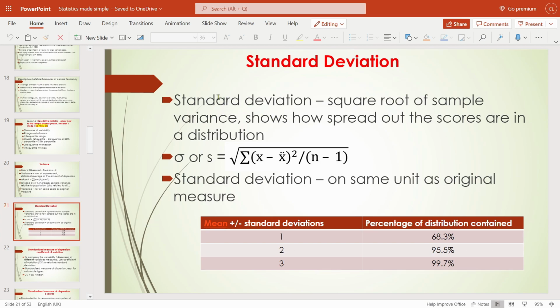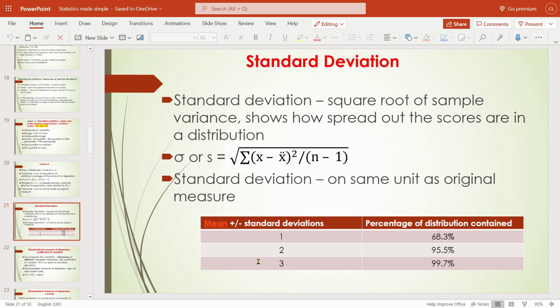Standard deviation is the square root of variance and shows how spread out the scores are in a distribution. It is in the same unit as the original measure, which is why you see it often and widely reported in journals. So this is the equation to calculate the standard deviation.